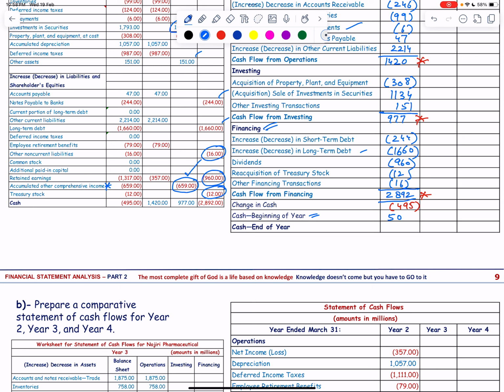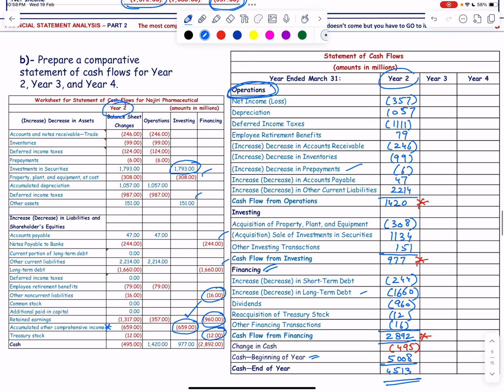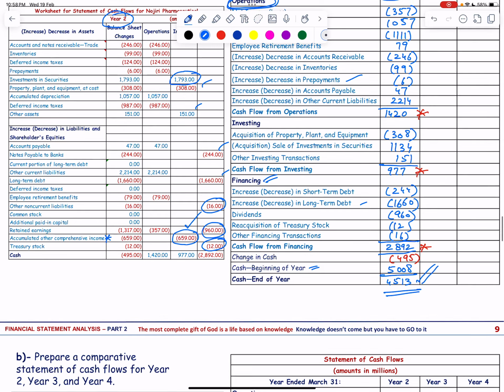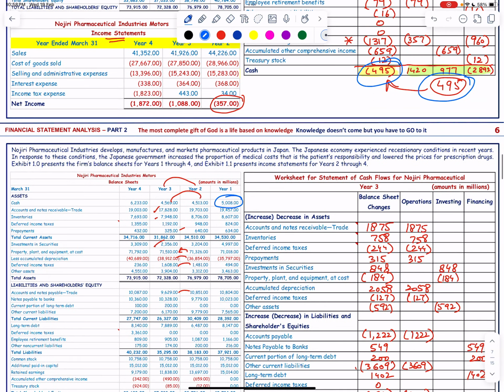We make the total, and the total is 4513. Now this is the ending cash balance for year number 2. And to verify whether this is right or not, look into the balance sheet for year number 2, and you can see that the cash is 4513. That means we have done our calculations correctly.